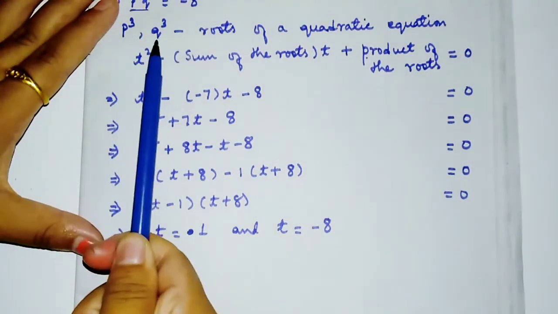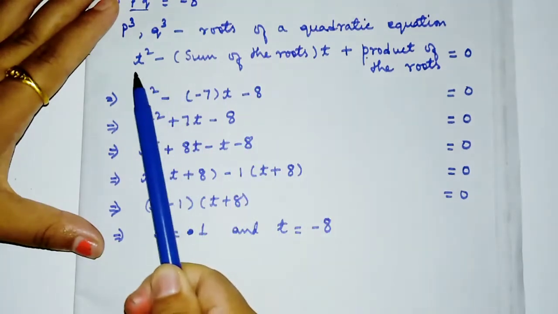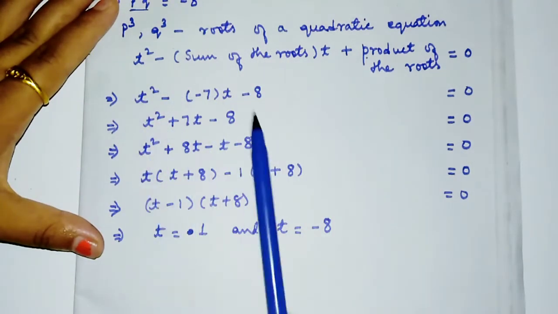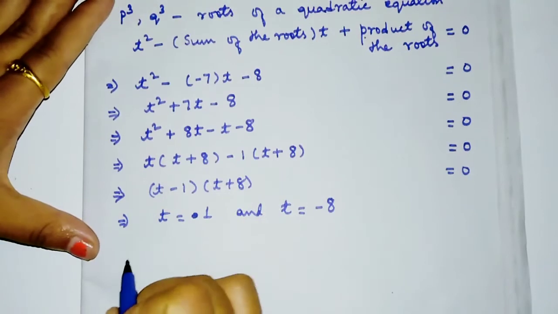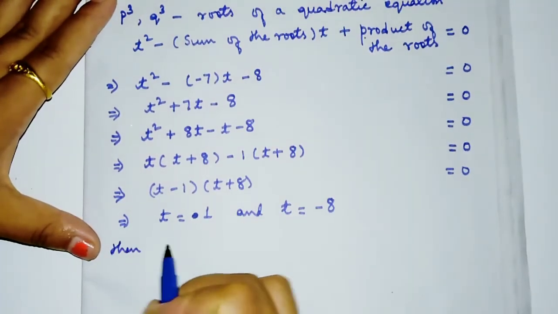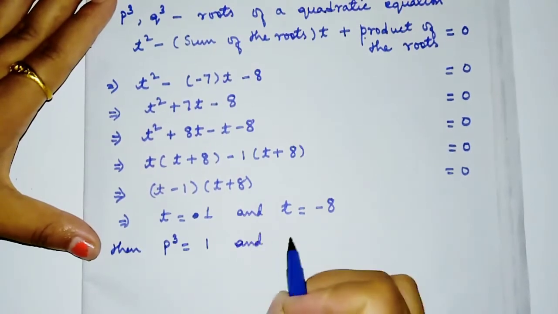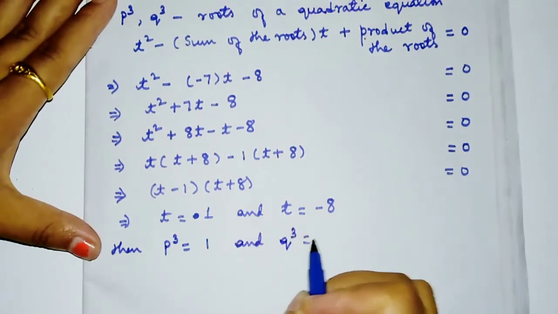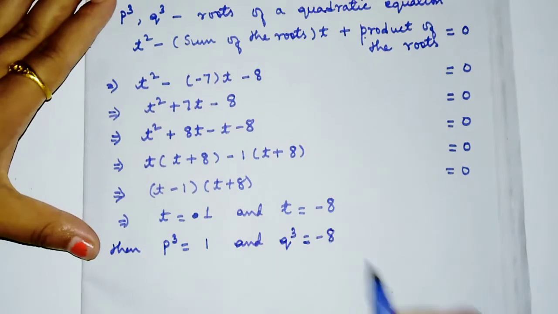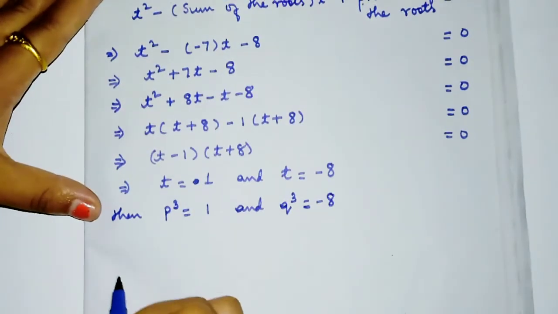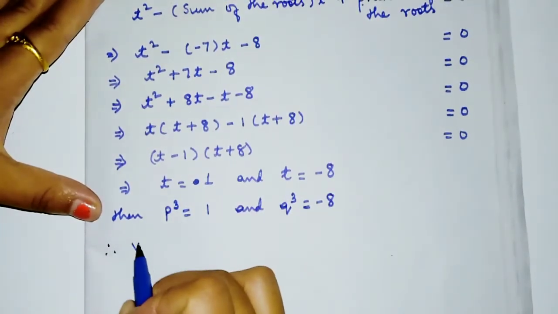Since these two are the roots of this quadratic equation, p cube is equal to 1 and q cube is equal to minus 8.